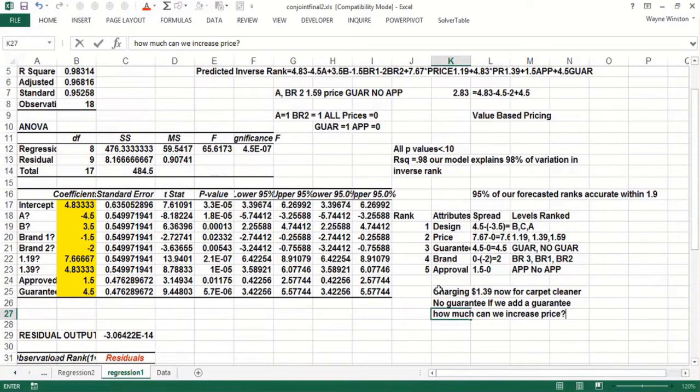Well, the key idea is to increase the price. A guarantee is worth 4.5 points. We know that from the coefficient in the regression: 4.5 ranking points. And so if we raise the price X cents to take away 4.5 ranking points, that's value-based pricing.